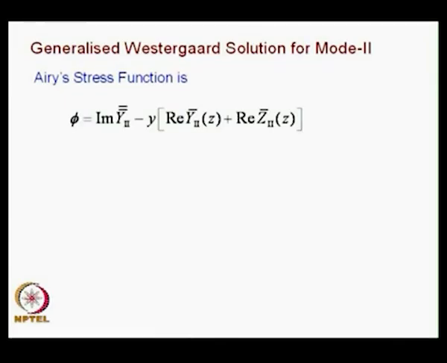So, I have stress function phi as imaginary part of Y2 double bar minus y real part of Y2 bar plus real part of Z2 bar. If you recall, the singular solution which we obtained had only this minus y real part of Z2 bar.